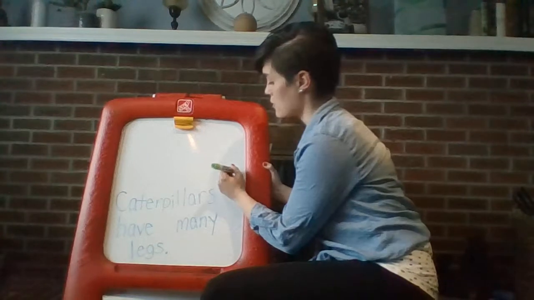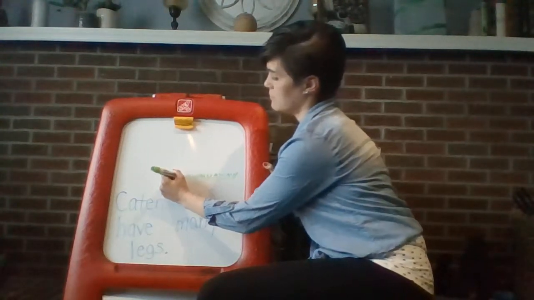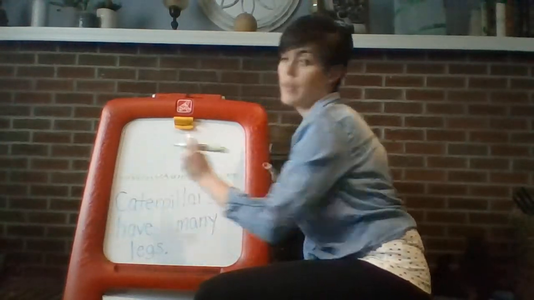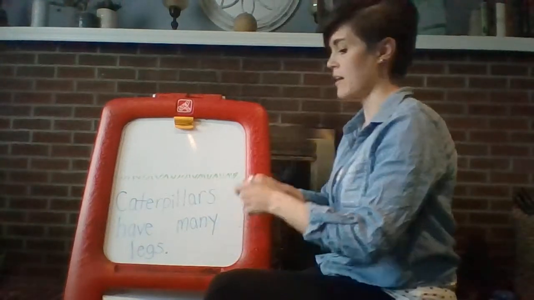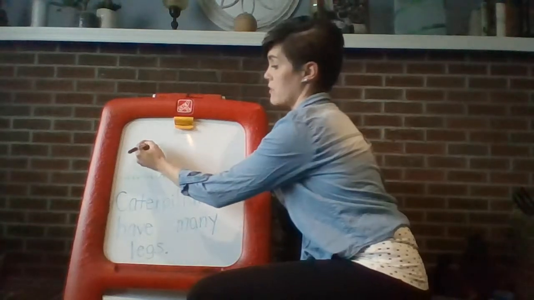So I'm going to start off by making some grass, because yes, Mrs. Rose has caterpillars in my house, but caterpillars don't usually live inside people's houses. They usually live outside where they're able to eat the leaves that they need in order to keep growing.